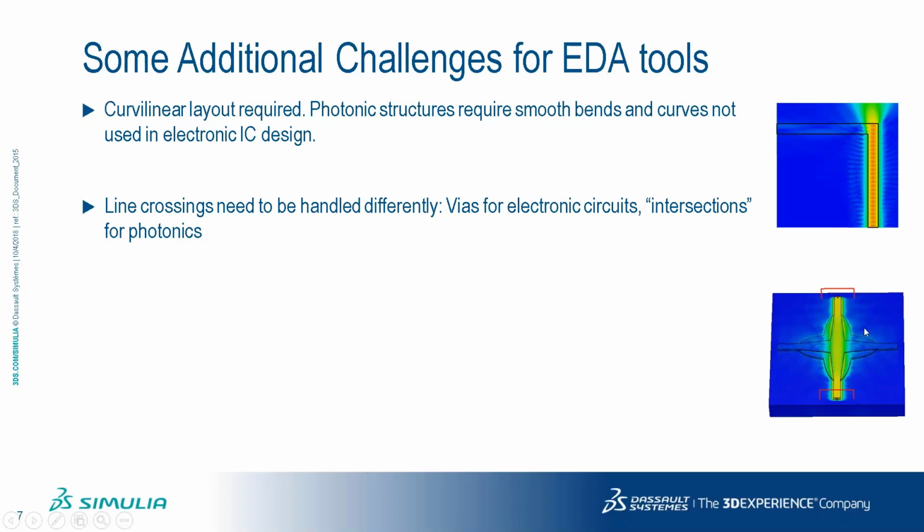In photonics, you can actually have such intersections, and you can see here that the signal comes from this port, and it goes straight through, and has very low crosstalk. If you have a well-designed intersection, it has very low crosstalk into the other direction here.